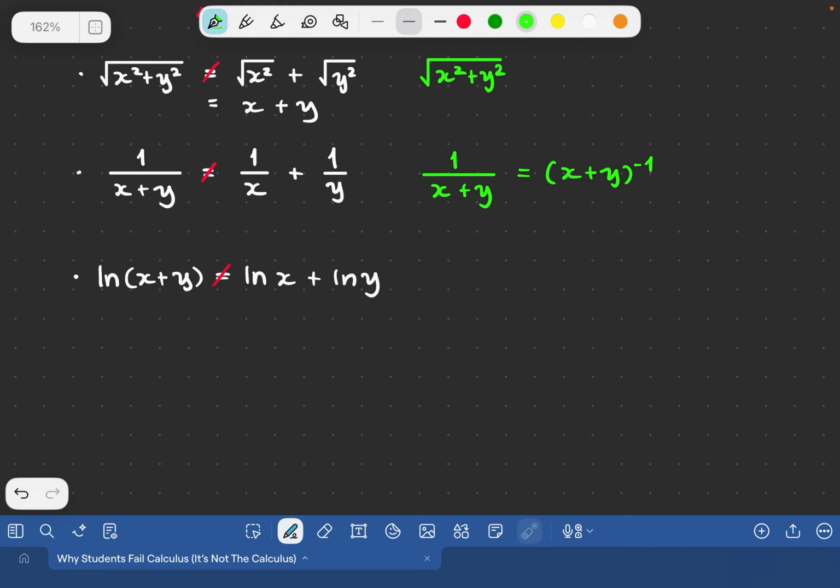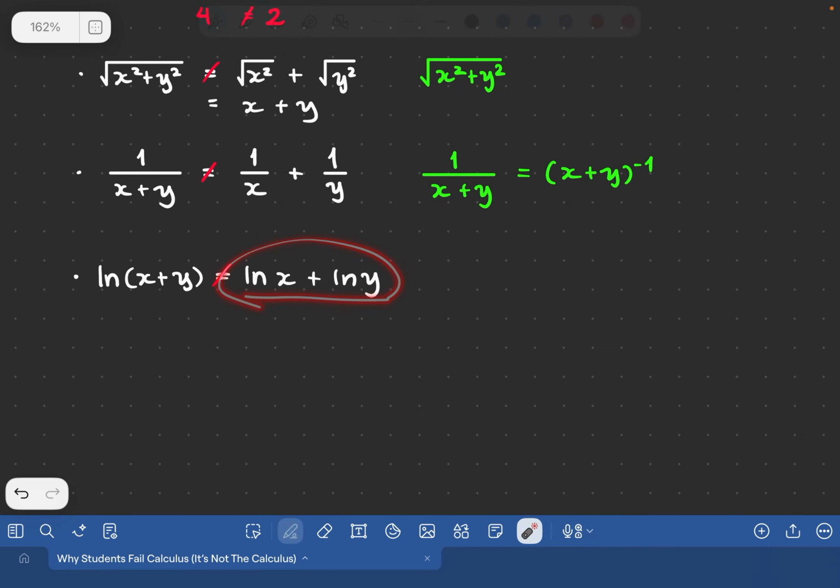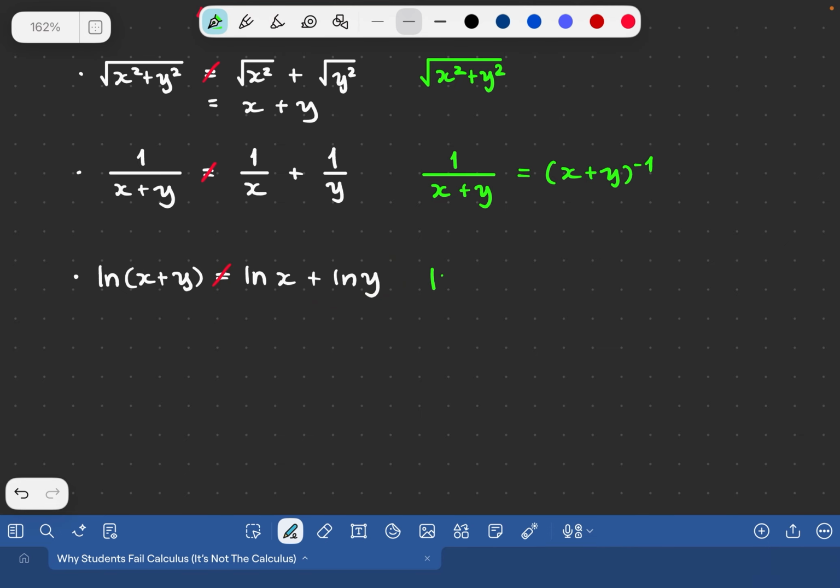For this splitting to apply, what you must have is a product. So let's say ln of xy. This thing here is a product. When you have a product inside the ln, what you get is ln of x plus ln of y. This one is correct.